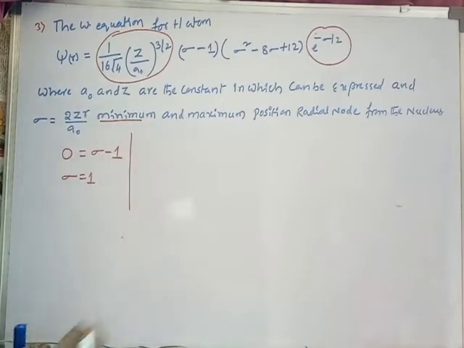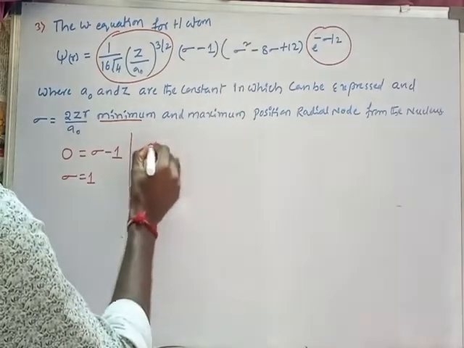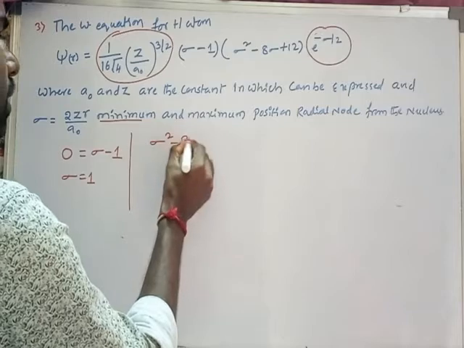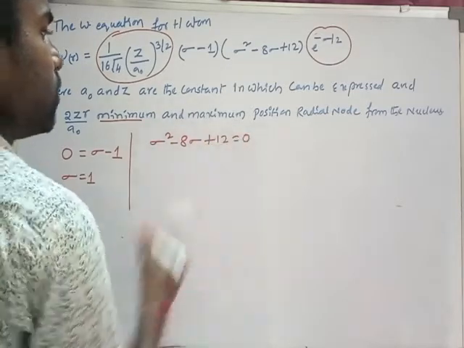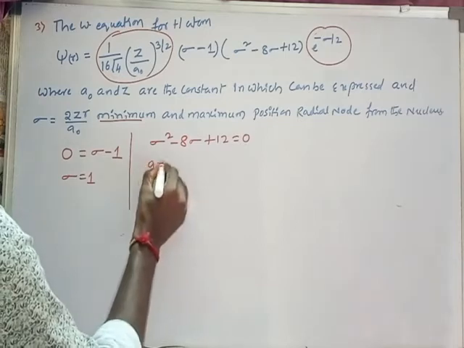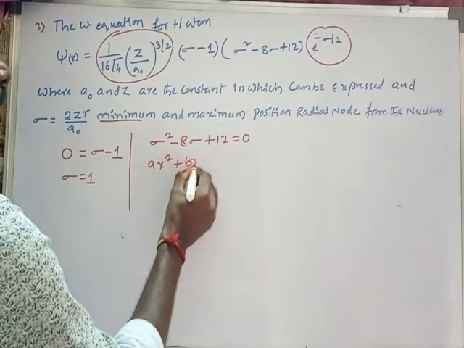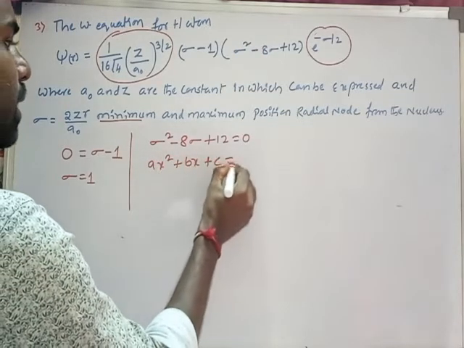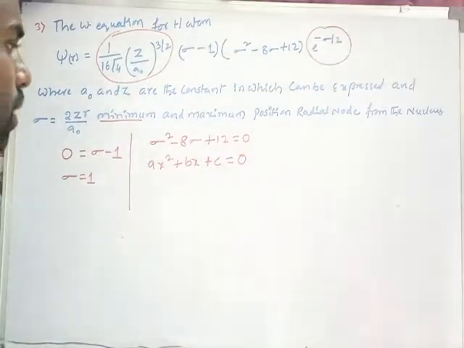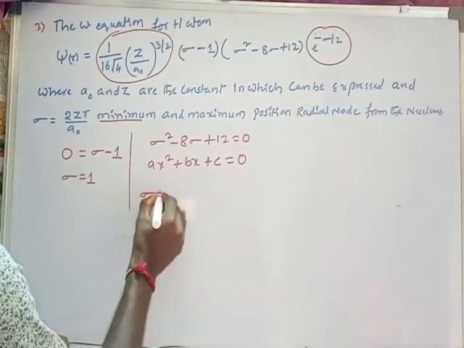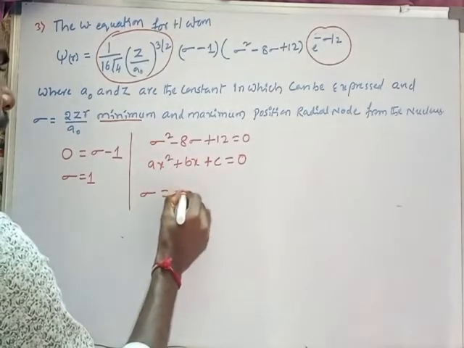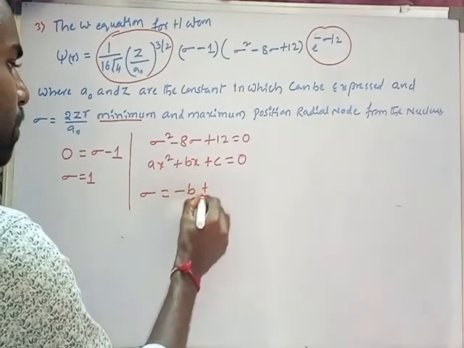Next, another one. What is there here? Sigma square minus 8 sigma plus 12 is equal to 0. It is in the form of ax square plus bx plus c equal to 0. It is a quadratic equation. So what is the quadratic formula?